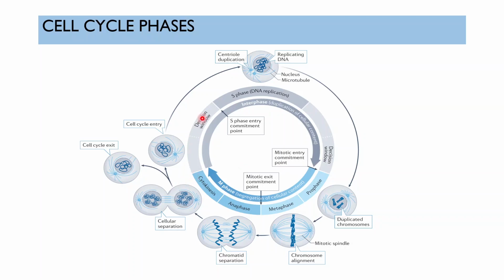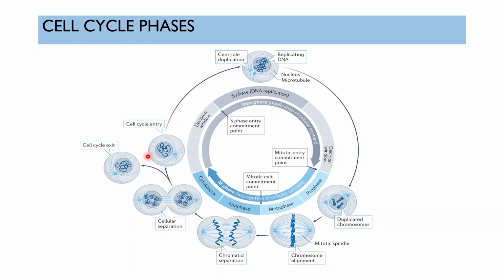Now, at the beginning of any division, that is after the cell has undergone one cycle of division and it enters the interphase, it can either, as I said, opt out of division and enter a G0 phase, which is also known as a quiescent stage. That is, it can temporarily opt out of the cell division cycle and enter an inactive state where it does not divide.